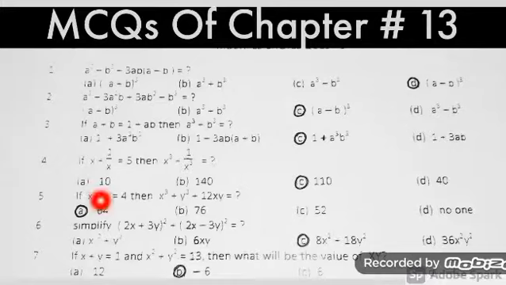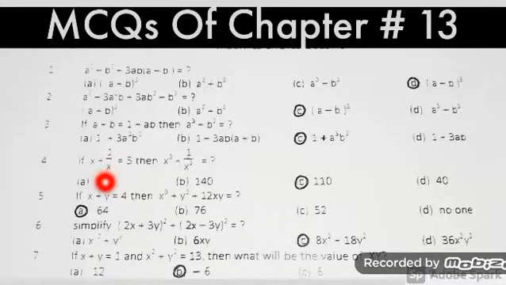Statement 4 is if x plus 1 by x is equal to 5, you have to find out x cube plus 1 by x cube. To solve this question, we will take cube on both sides of this equation, and then we will open the cube by using the formula a plus b whole cube.